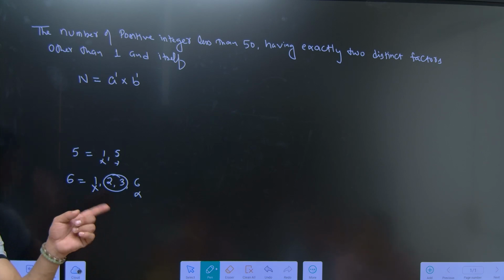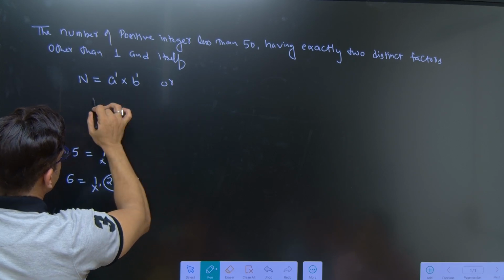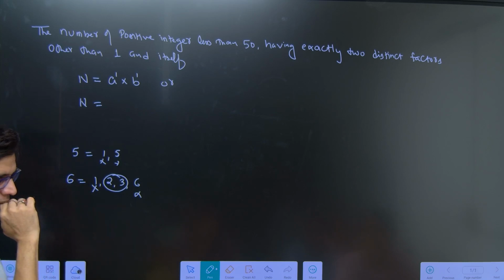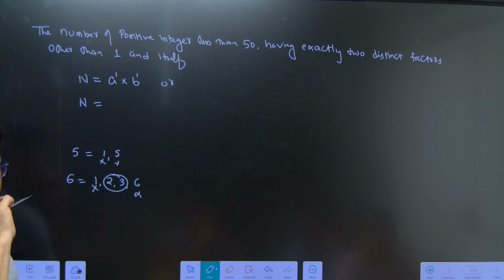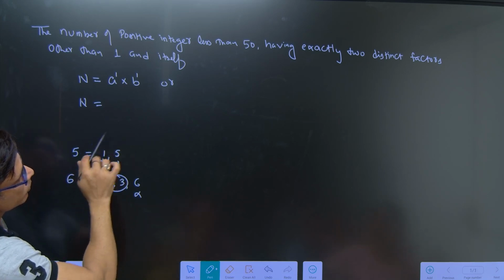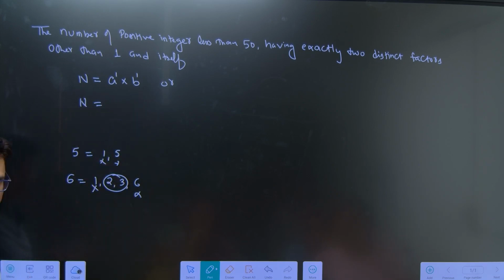Out of 4 I have to remove 2. Or can n be of any other form? So we need 2 distinct factors other than 1 and itself.